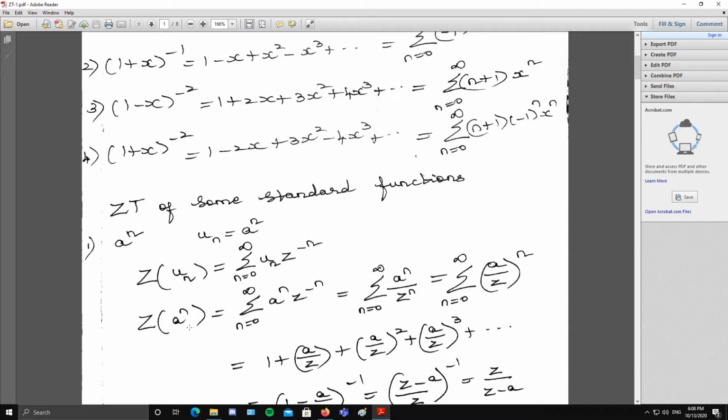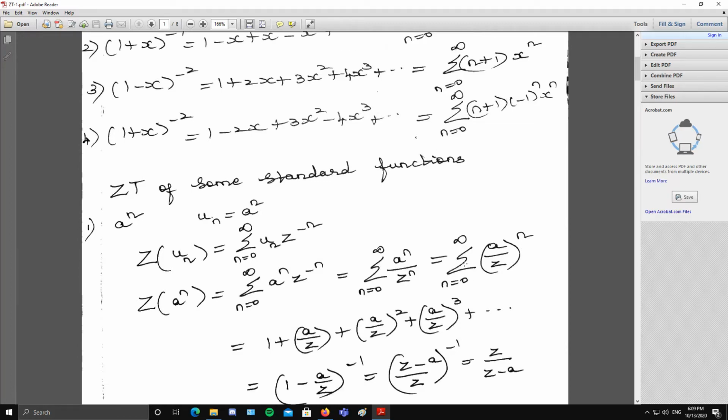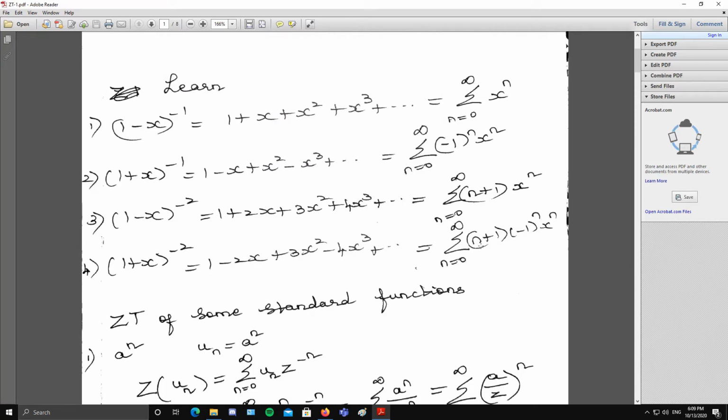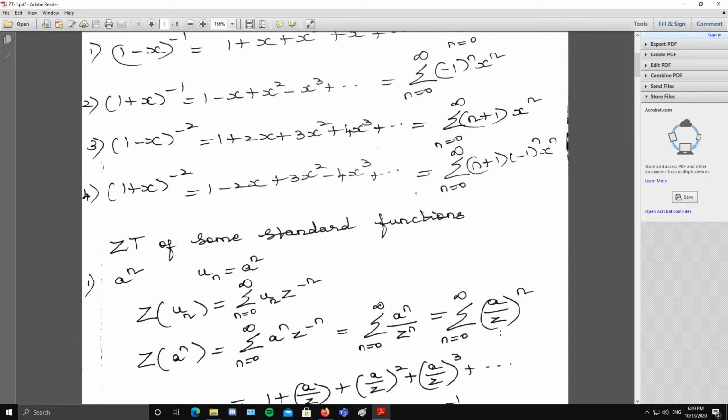If Un is replaced by a^n, summation a^n Z^(-n), which is same as summation a^n by Z^n, or summation (a by Z)^n, where n varies from 0 to infinity.